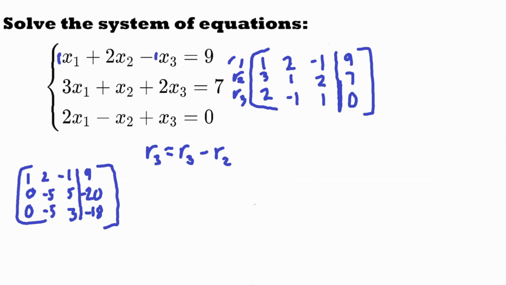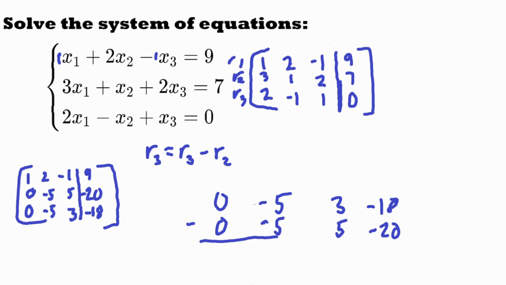So our row 3 is equal to row 3 minus row 2. So our row 3 is 0, negative 5, 3, negative 18, minus 0, negative 5, 5, negative 20. Okay, so that'll be 0 minus 0 is 0, as it should be.